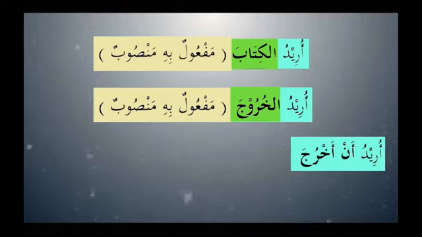I will not say uridu an yakhruja, or uridu an takhruja, because that will be a wrong combination of the pronouns. So we need to have the same pronoun in the whole sentence. So we say uridu an akhraja, which has exactly the same meaning as uridul khuruja.